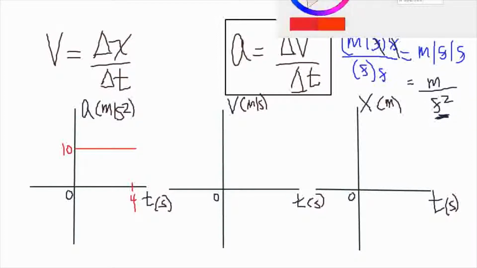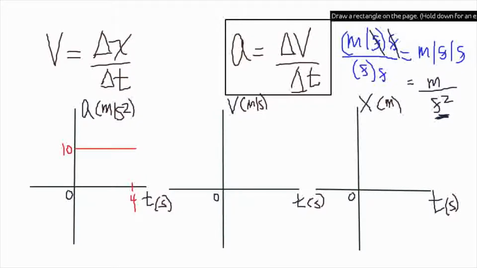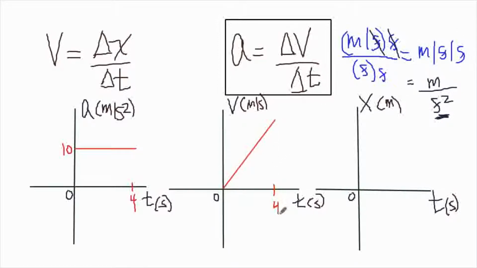Now, what does that mean for the velocity? Well, that means that every second the velocity is increasing by 10. So from 0 to 4, it's going to increase by 10, then it's going to go to 20, then 30, then 40. So the velocity is going to go from 0 to 40 meters per second in 4 seconds.